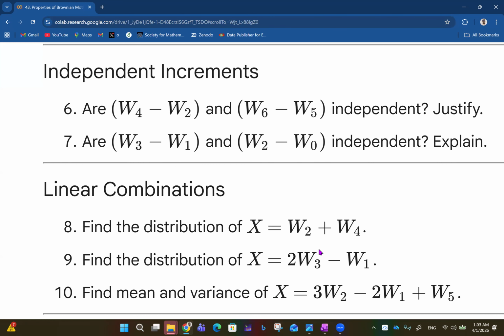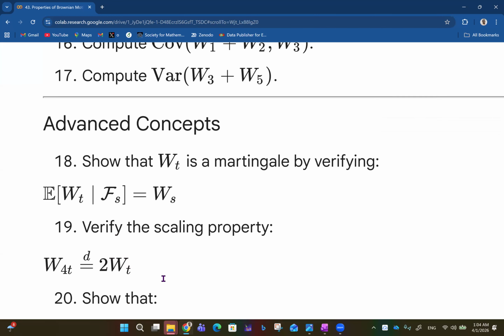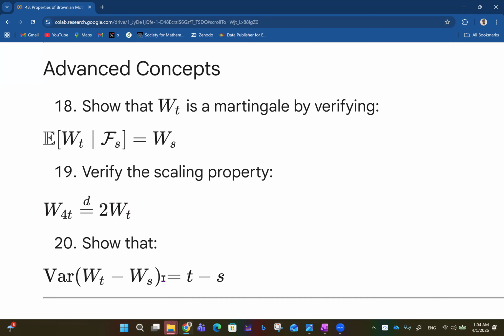Then we have conditional expectations, which we also saw, and then conditional distributions. Find the distribution of W6 given W2 equals x, and then covariance or correlation. We've not talked about correlation actually, so maybe in a subsequent video that will be dealt with too.